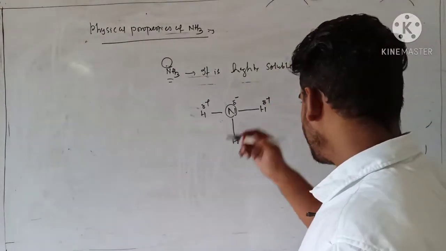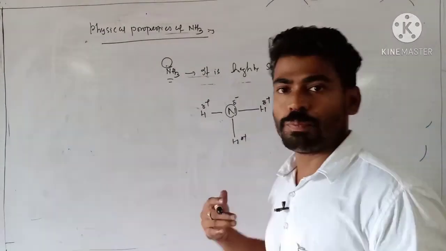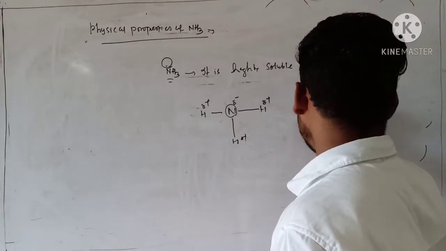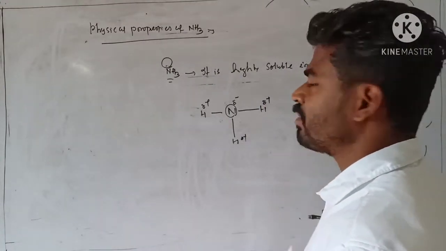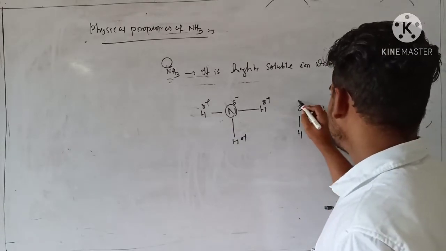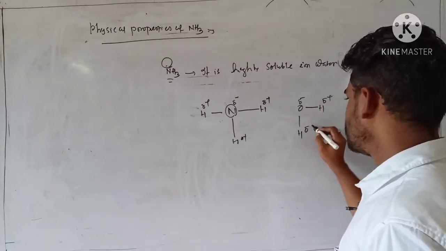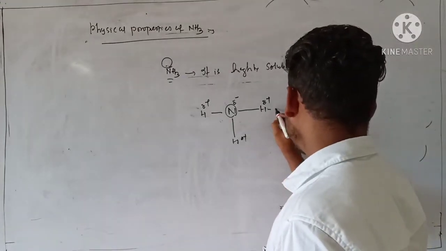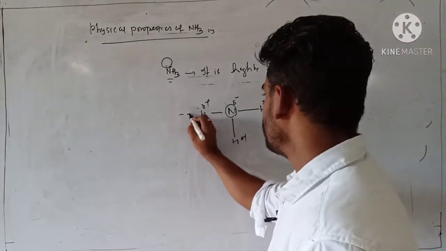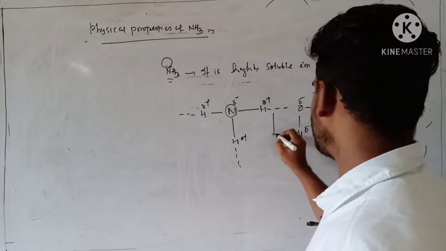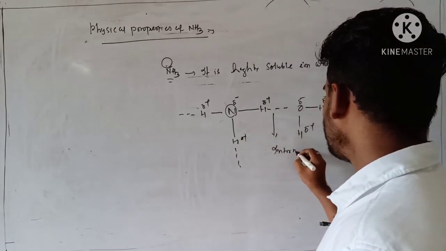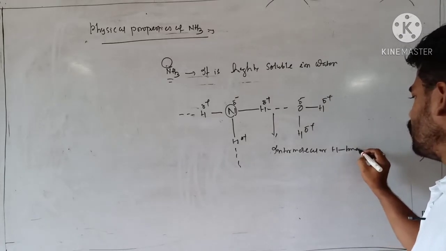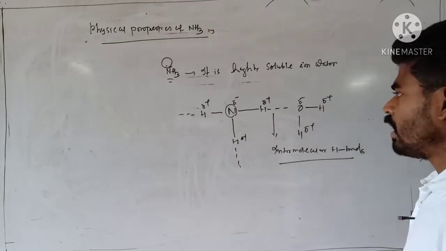Polar molecules dissolve in polar solvent. So if ammonia interacts with a polar solvent like water, with oxygen, hydrogen, hydrogen, here oxygen is delta negative and hydrogen delta positive. So this positive-negative interaction is called intermolecular hydrogen bonding.